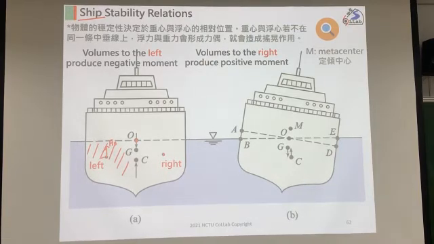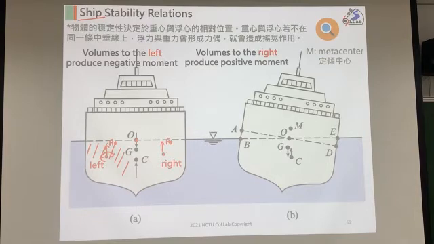You just do the cross product, using your right hand. The moment should be a negative moment, in the clockwise direction. But on the right-hand side, again this is the rotation axis, and the buoyant force is also upward.